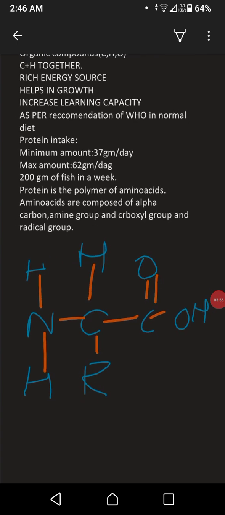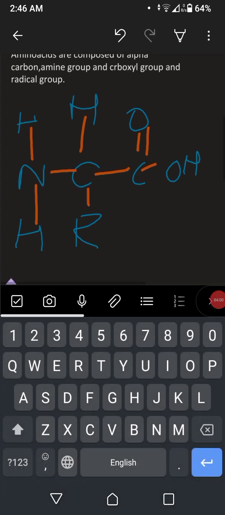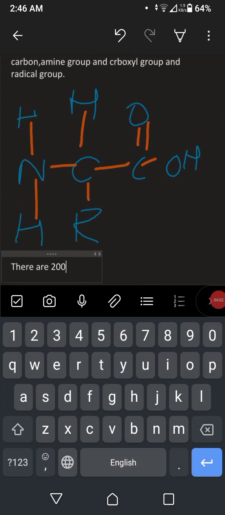So this is the structure of a basic amino acid.